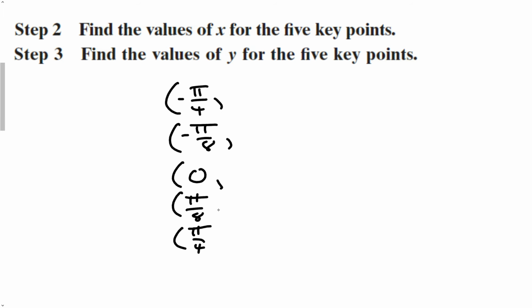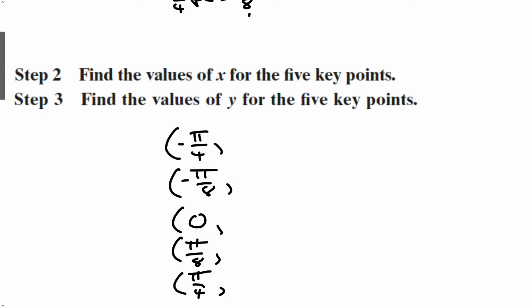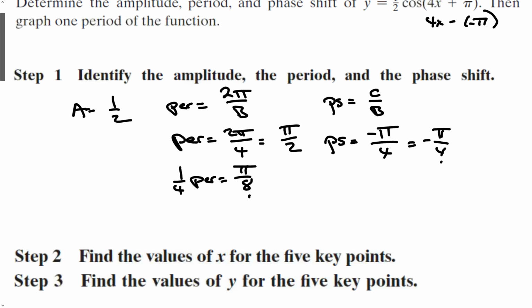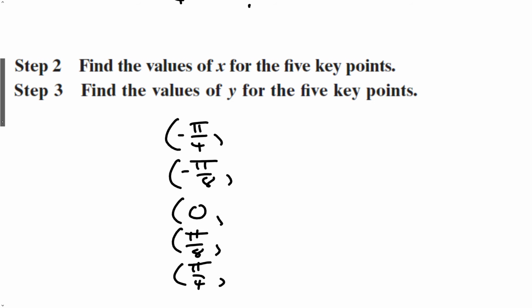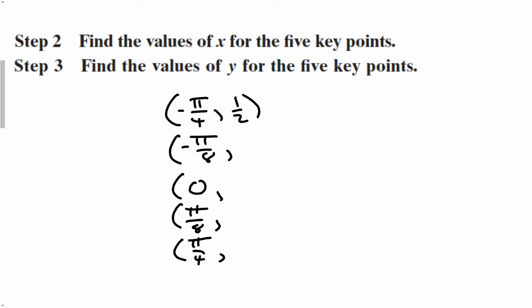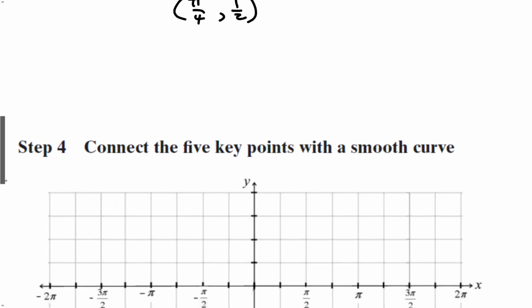Cosine function. I forget the amplitude. I think it was 1/2. Okay, a positive 1/2. So that means cosine function starts at the max, the middle, the min, the middle, and back to the maximum. Okay. There are my 5 key points.